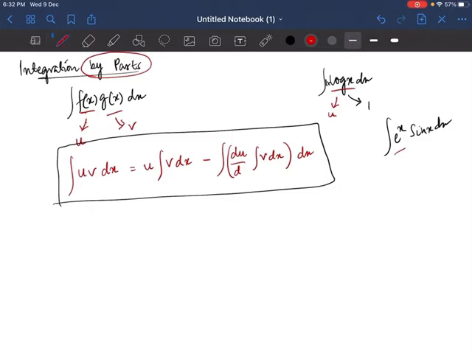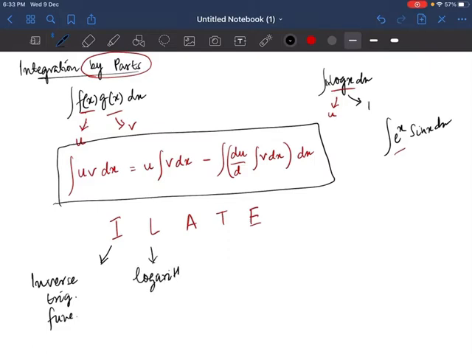So the method is known as ILATE. It's not "I am late, I'm late for class", it's ILATE. I stands for inverse trigonometric functions. L stands for logarithmic functions.